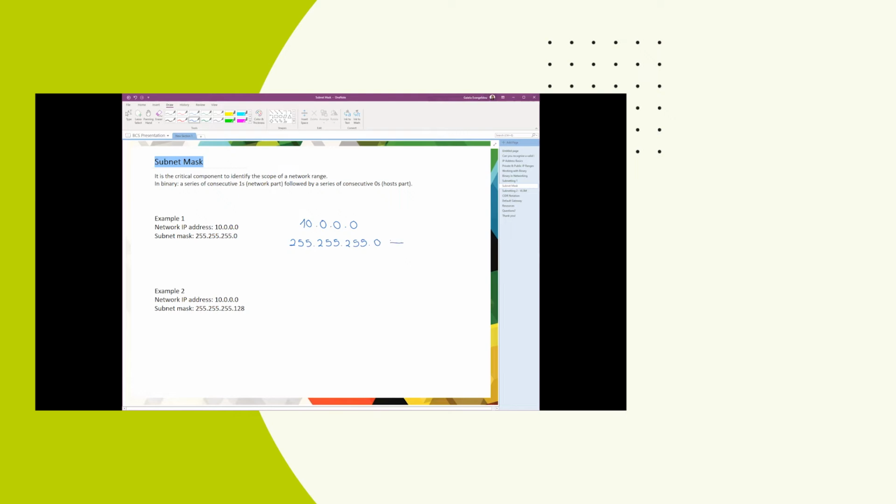What does this piece of information tell us? This network, the 10.0.0.0 network, this is the beginning of the range. So this is the network IP address. This subnet mask says that this network, what is the range? This network goes up to what IP address?